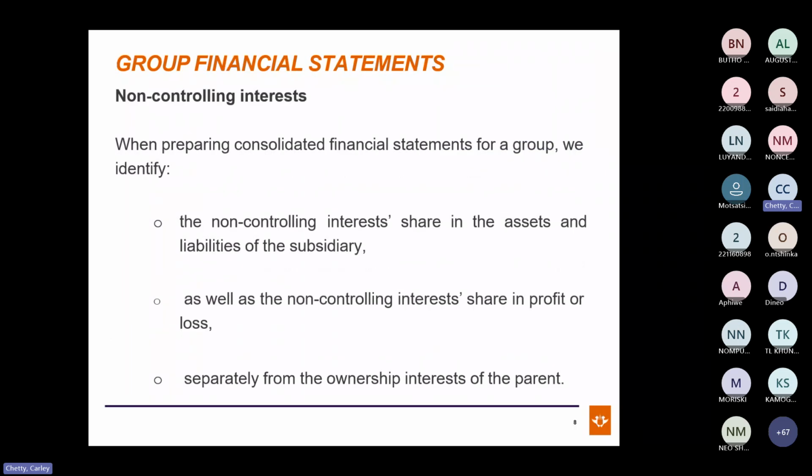So when preparing consolidated financial statements for a group, we must identify the non-controlling interest share in the assets and liabilities of the subsidiary, as well as the non-controlling interest share in profit or loss. And this must be shown separately from the ownership interest of the parent.